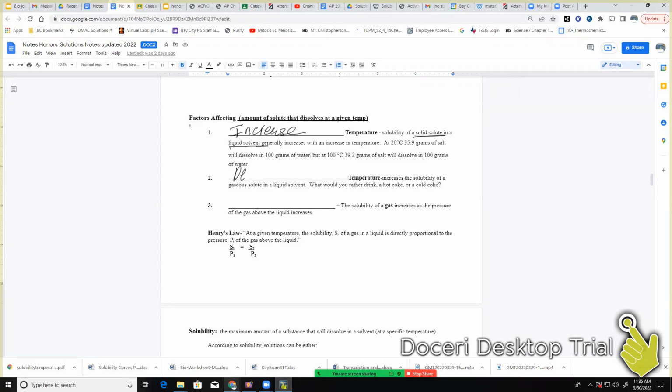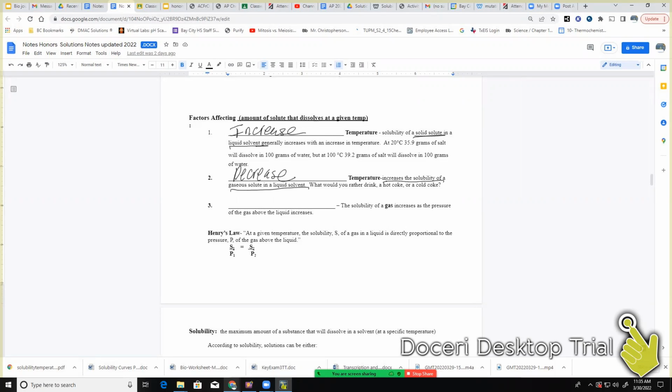Opposite of that, we would have a decrease in the temperature, and that increases the solubility if you have a gas in a liquid. So like our carbonated drinks, that's why we like them cold, because then more of the CO2 goes into solution and they're kind of more fizzy.